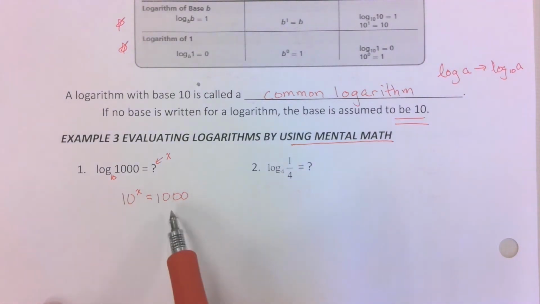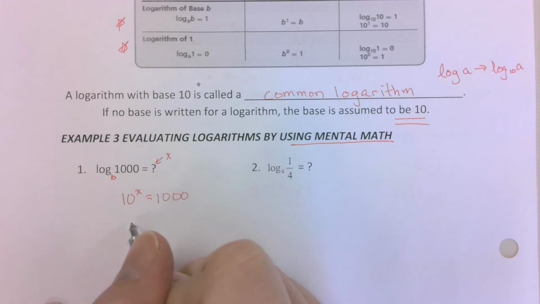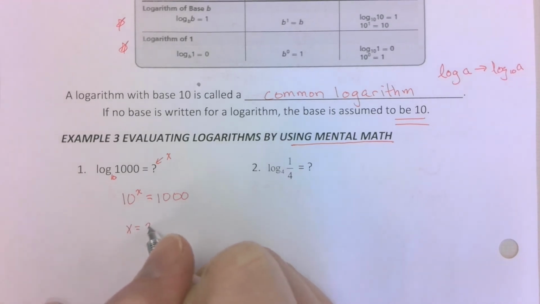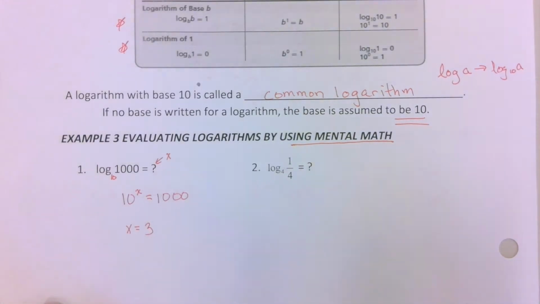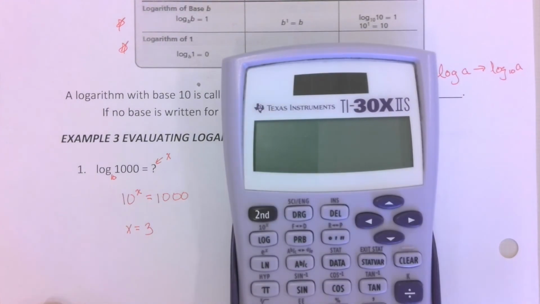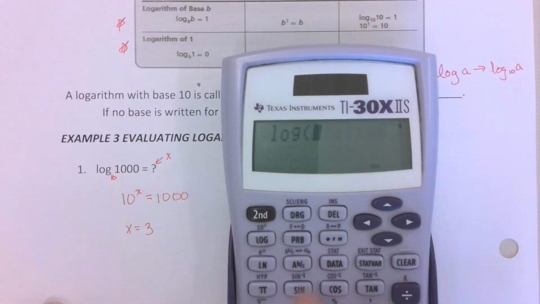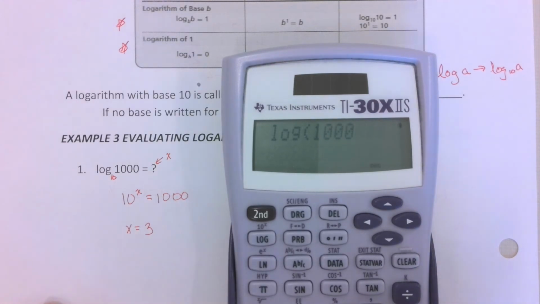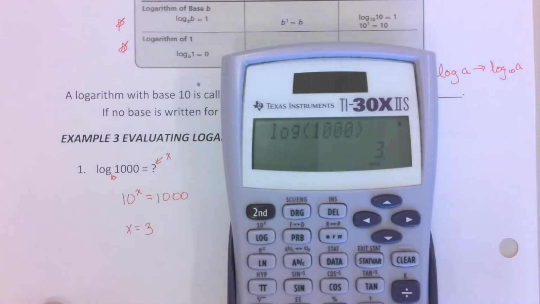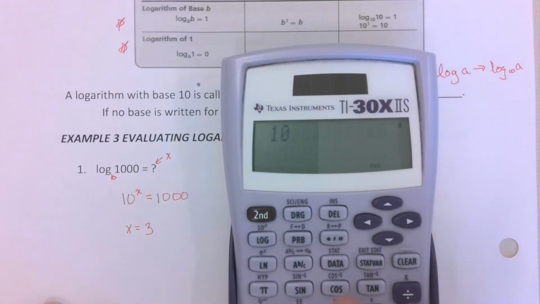So 10 to some power equals 1,000. Well, 10 squared is 100. 10 to the third is 1,000. So this must be equal to 3. Now, if we want to double check that, since it's log base 10, I can put that in my calculator. Log base 10 of 1,000 is equal to 3, and that is because 10 to the third is 1,000.